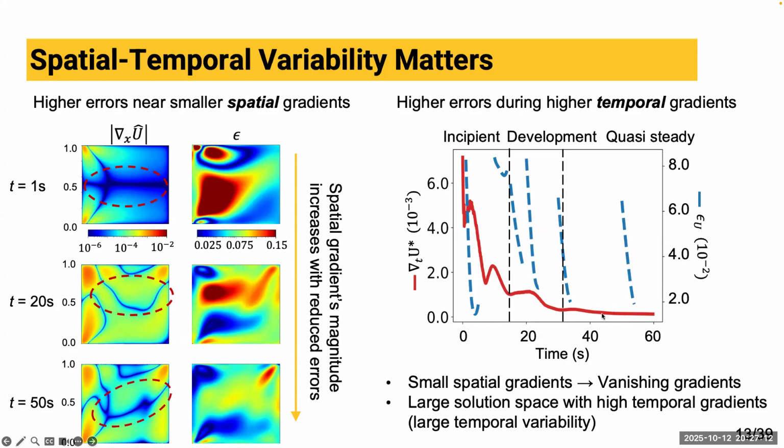That's why you see a very stabilized gradient value. Our PINN actually provided relatively large errors at the early period, and at the later, stabilized time, the PINN provided smaller errors. So from this result, we can see that small spatial gradient and high temporal gradient are the causes of errors in PINN prediction.